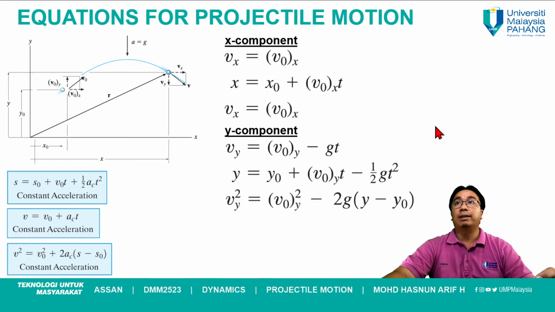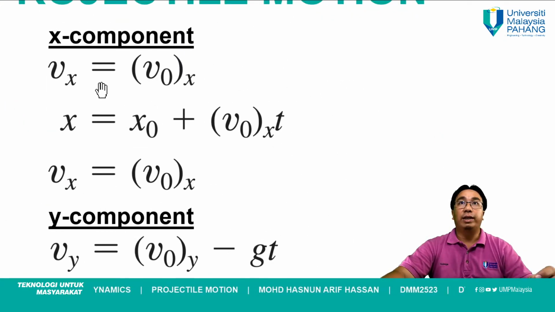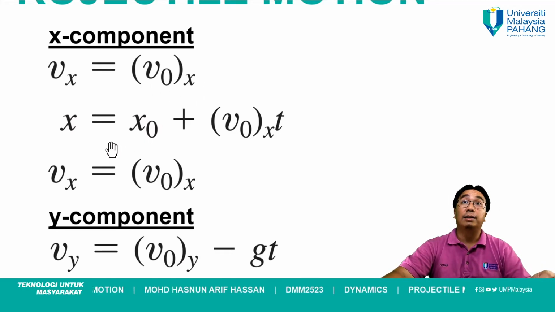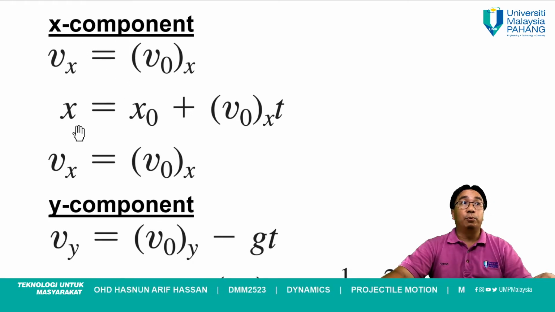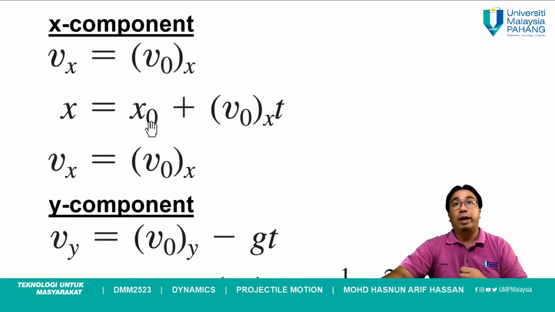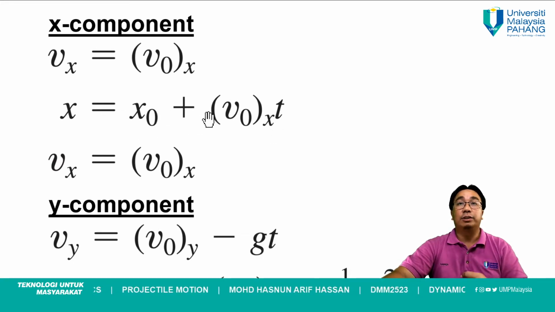So in the end, we will have this equation lah. Vx is equal to V naught X. That is equation number 1. And then ini untuk X component, and then sorry, X is equal to X naught plus V naught X T. Okay, ni equation yang kedua.